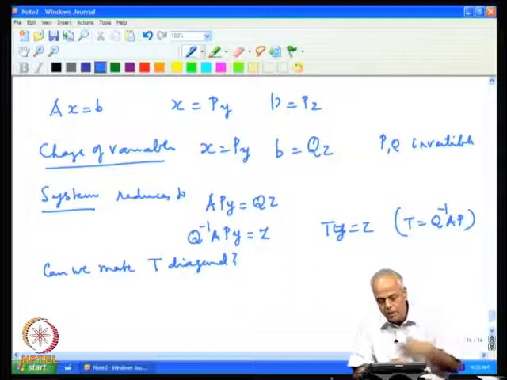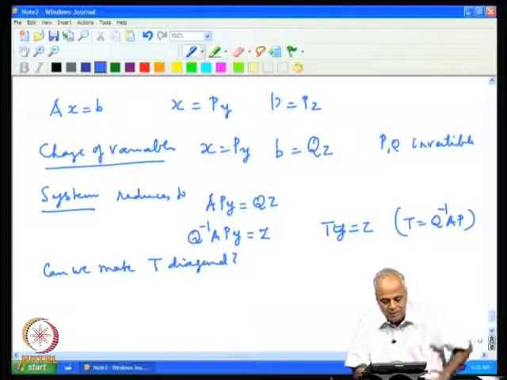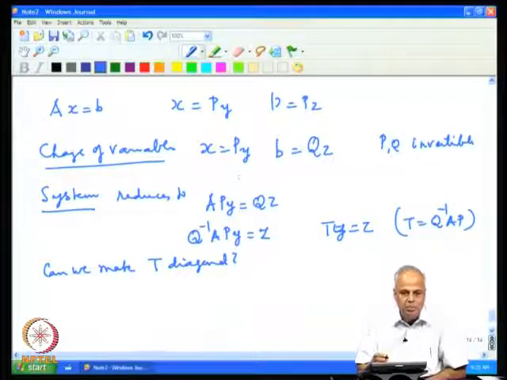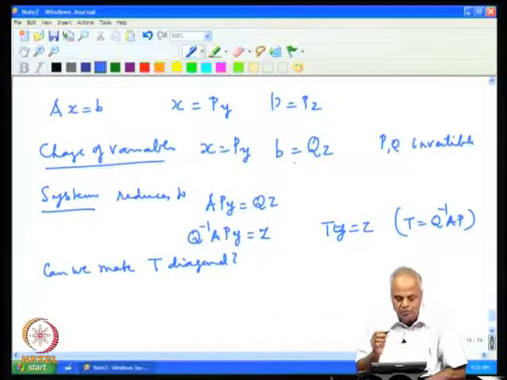That is, now we are asking not for the same P to be used for both x and b transformations, but we use a different transformation for b and a different transformation for x, and then try to convert the equation in terms of these new variables.